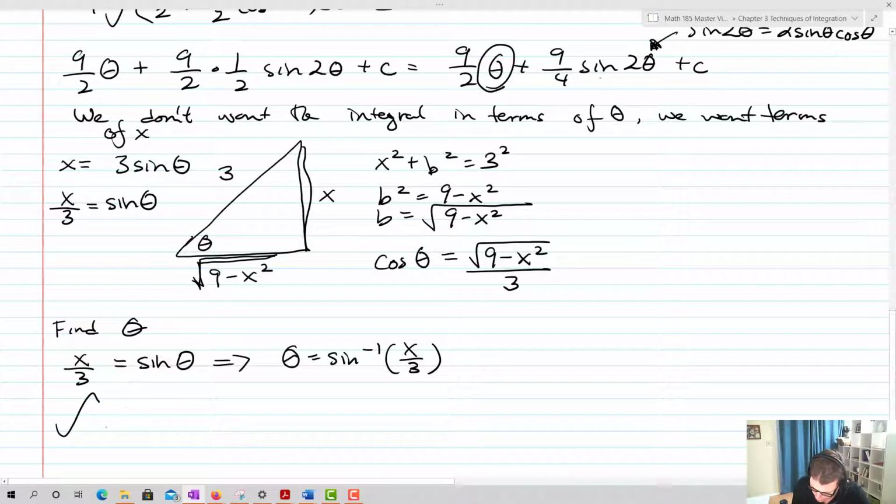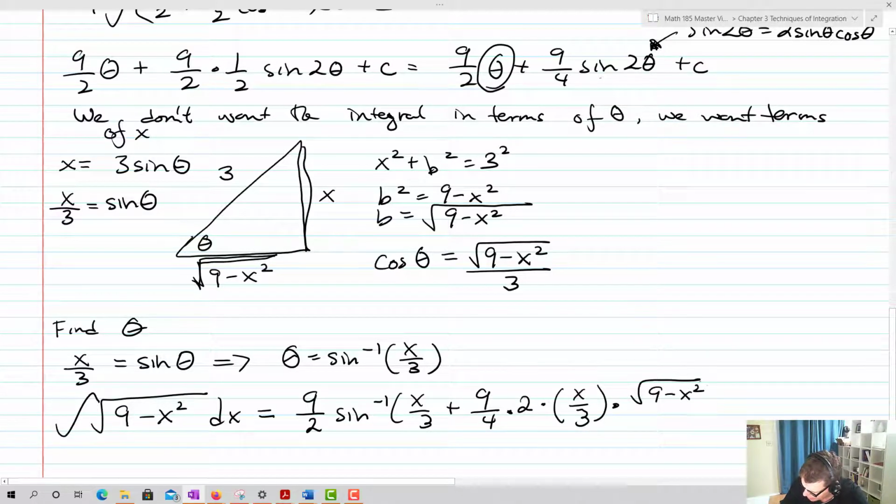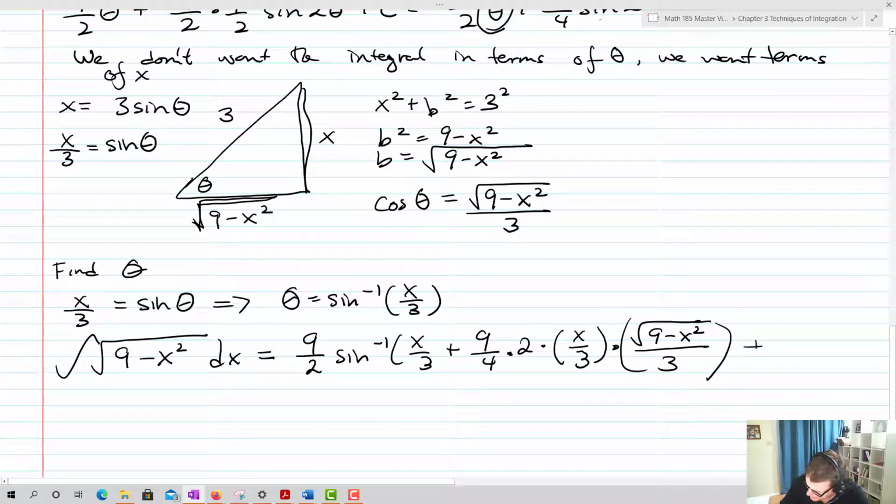So my integral, the integral of the square root of 9 minus x squared dx, is going to end up equaling 9/2 sine inverse of x over 3 plus 9/4 times 2 times first sine theta, which is x over 3, times x over 3 times the square root of 9 minus x squared divided by 3, plus c.